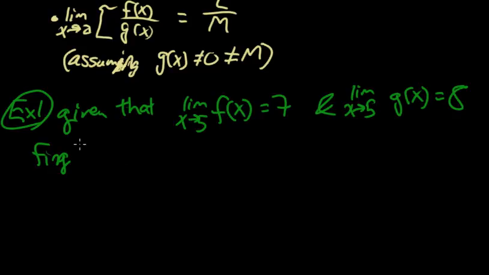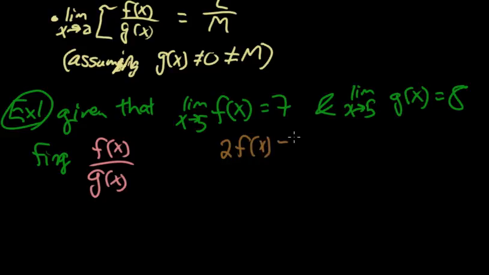We'll find three different things. We'll find f of x divided by g of x. We will find 2f of x minus 3, and we'll do g of x times f of x minus 4.